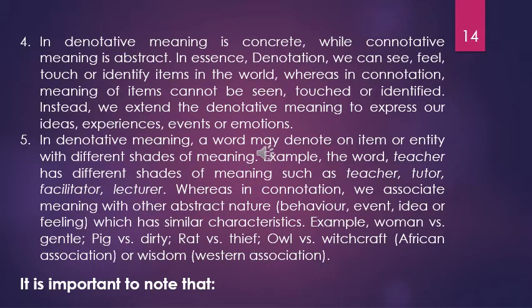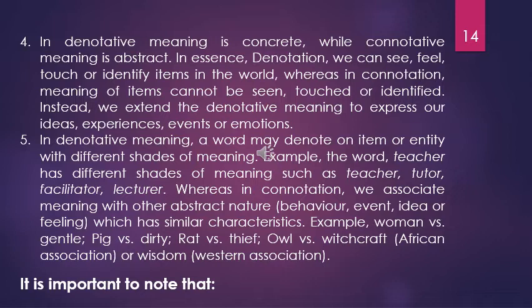Fifth, in denotative meaning, a word may denote an item or entity with different shades of meaning. For example, the word teacher has different shades of meaning, such as tutor, facilitator, lecturer, whereas in connotative meaning, we associate meaning with other abstract nature. That is the behavior, the event, the idea, the feeling, which has similar characteristics.